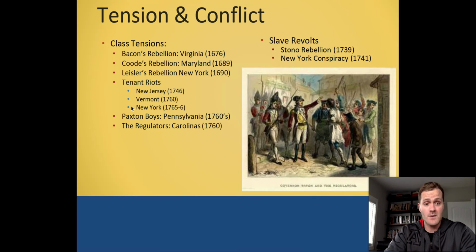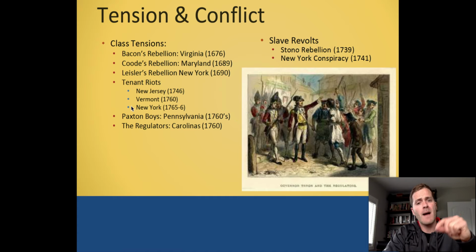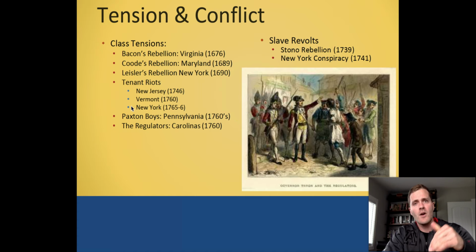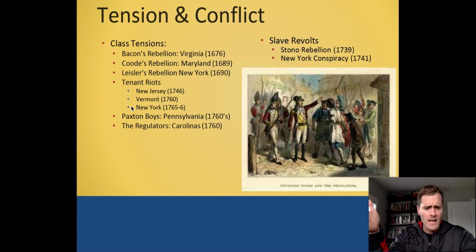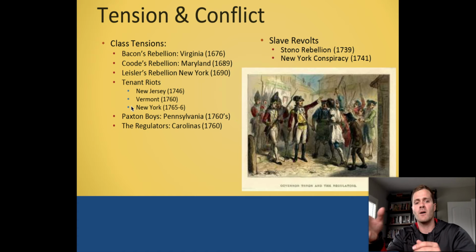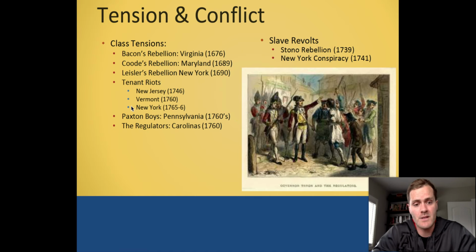Long-term, not so successful. Every slave rebellion, Stono being no exception, is going to create a pattern of rebellion and then increased control by white society, which is going to then create elaborate slave codes that are going to limit slaves' ability to learn to read, to learn to write, to gather in large groups. They're going to lose some of the freedoms that were given to them.